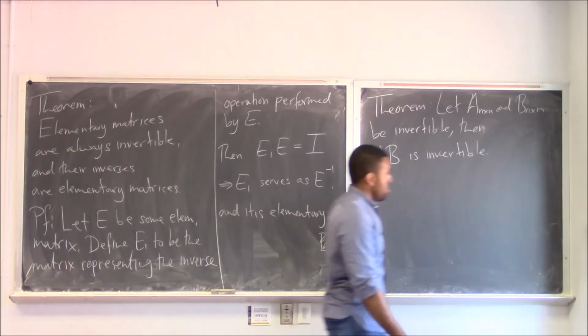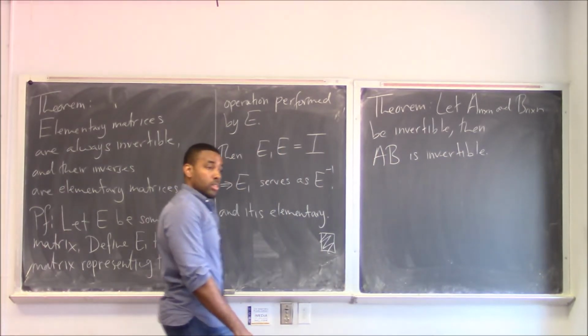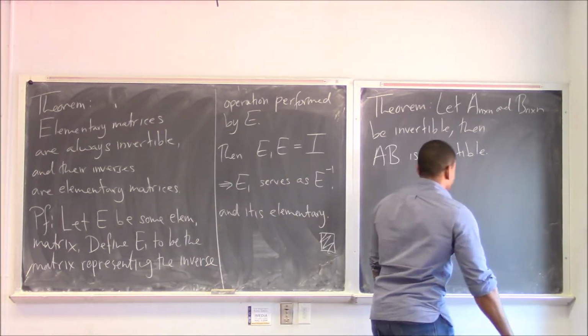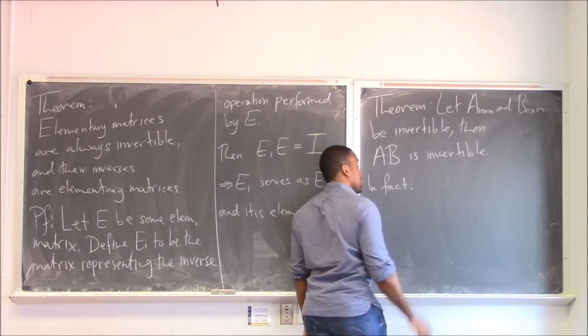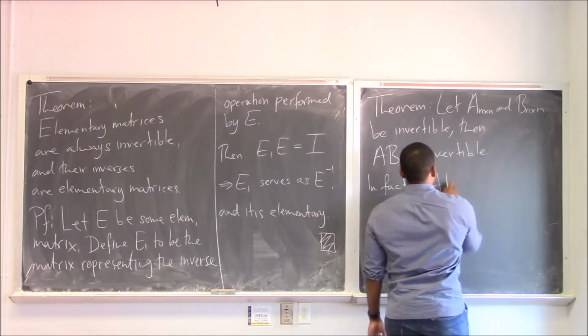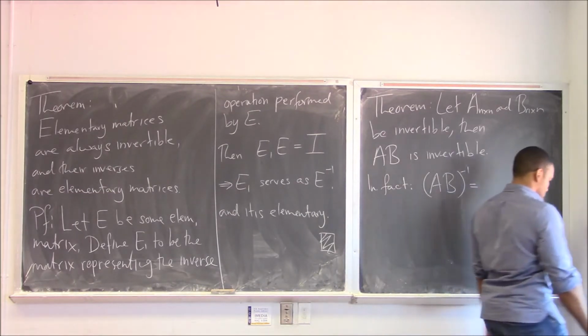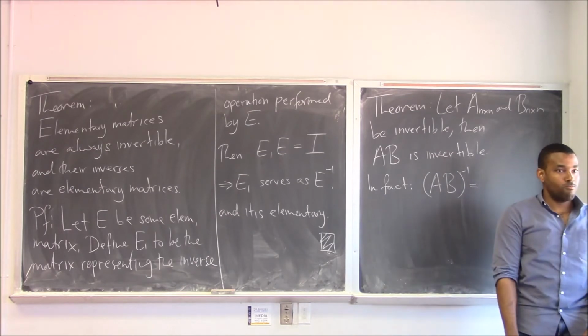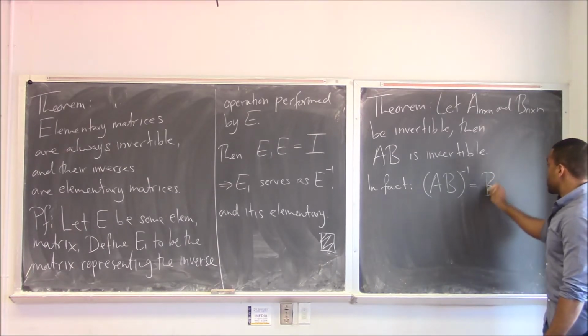The product of invertible matrices is itself invertible. How can we prove this? In fact, I can tell you what the answer is right away. The inverse of the product is going to be, does anyone know? The product of the inverses, switched.